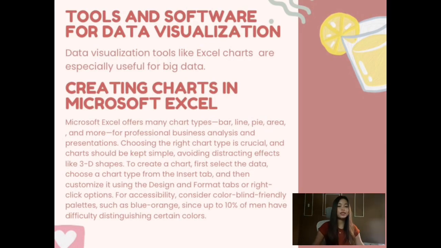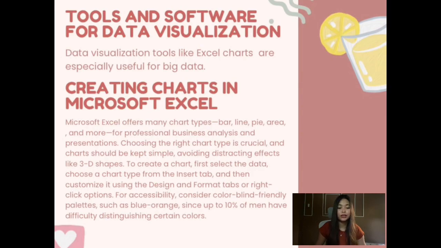So next is creating charts in Microsoft Excel. Microsoft Excel offers many chart types like bar, line, pie, area, and more. For professional business analysis and presentation, choosing the right chart type is crucial. And charts should be kept simple, avoiding distracting effects like 3D shapes.